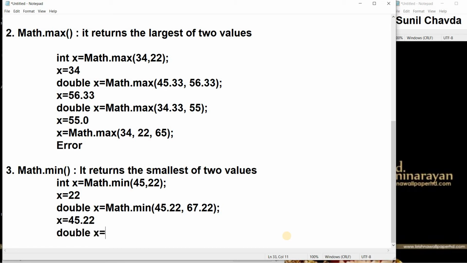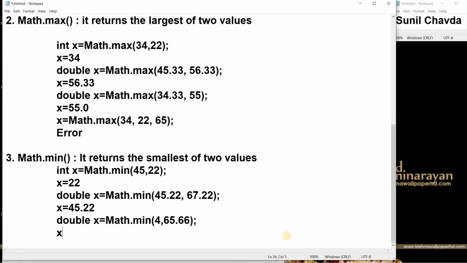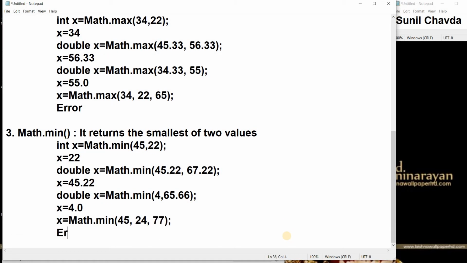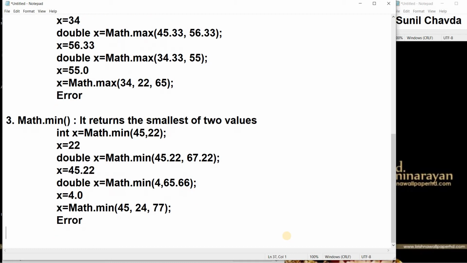Then definitely the answer will come in double format. So here the numbers written are 4 and 65.66. With one integer and one double provided, the answer will be 4.0. Whether you are storing it in any variable or not is up to you. If I write math.min and provide three different values to find the smallest number, in that case Java will give you an error. Understood this much?